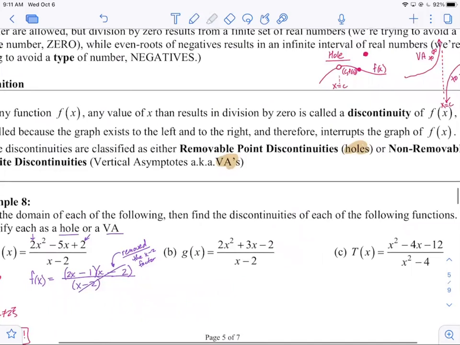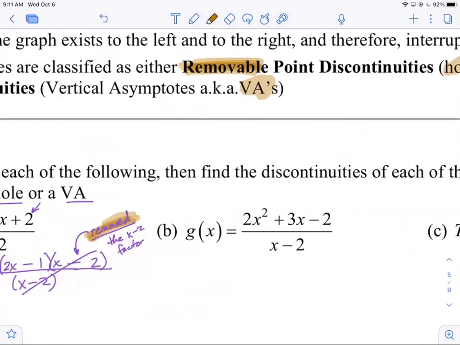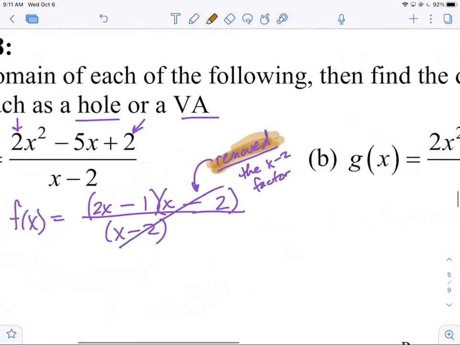Removable. Yeah, there's that association of words. A removable point discontinuity is going to be a removable factor. If you can remove the factor that causes 0 in the bottom, then the root of that factor, in this case 2, is going to be a removable point discontinuity, also known as a hole.